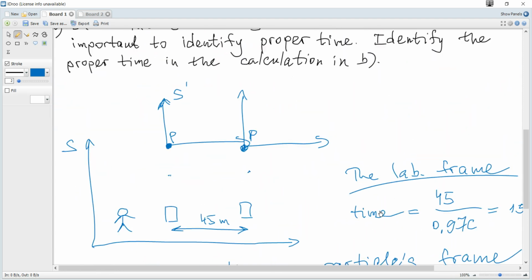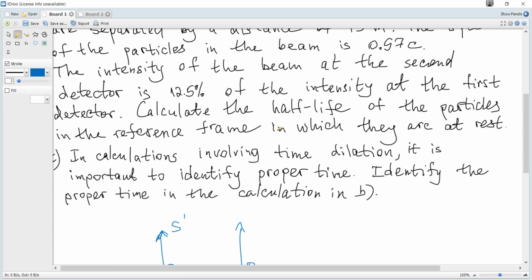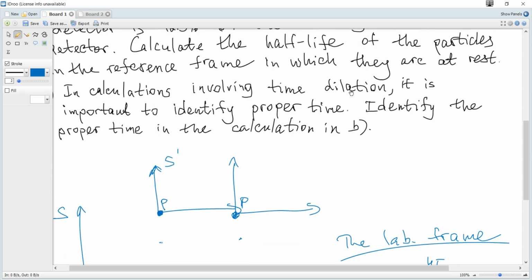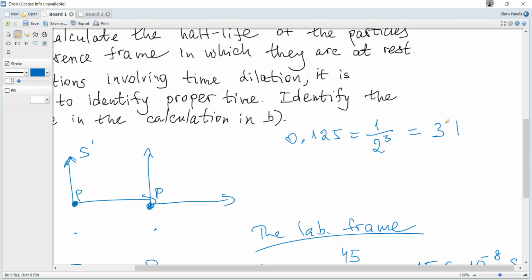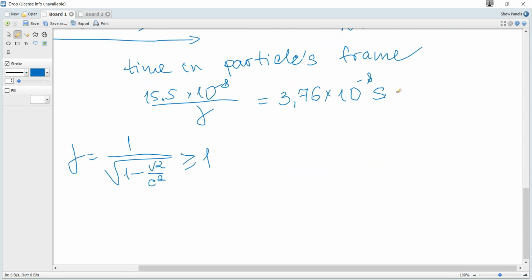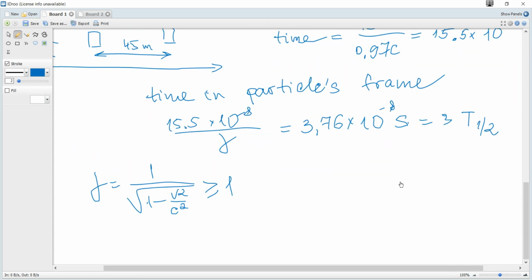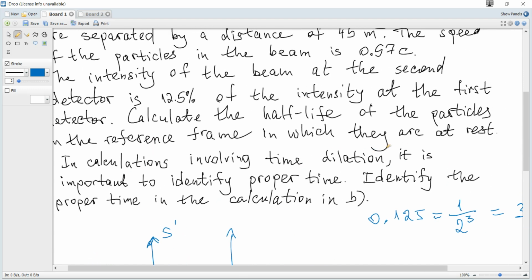And notice that the intensity is 12.5%, and it's the value of undecayed or remaining particles. And what is 12.5%? It's 1 over 2 cubed, which means 3 half-lives. So this time interval is equal to 3 half-lives. Notice that we need the half-life in the reference frame in which the particle is at rest.